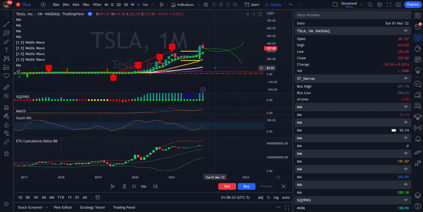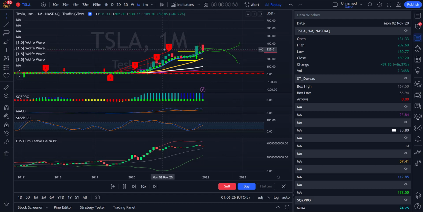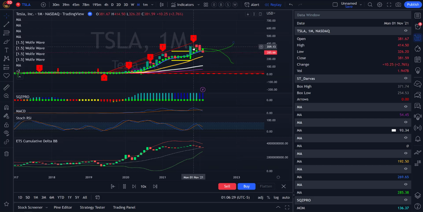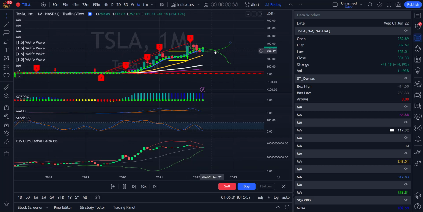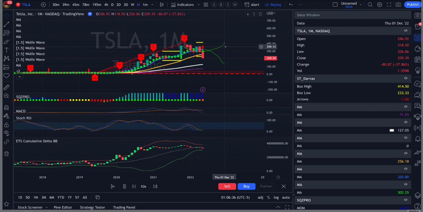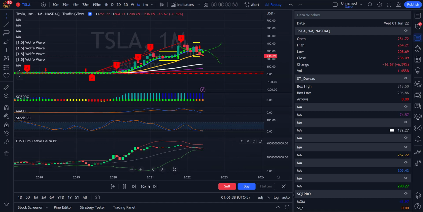Okay, so this is really interesting to watch progress, and then it formed this rounding bottom. I was looking for that same rounding bottom in the subsequent attempt, but then it actually failed.